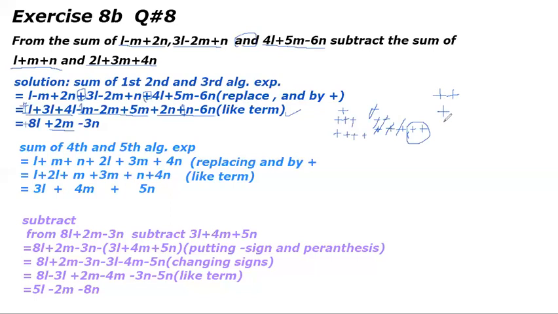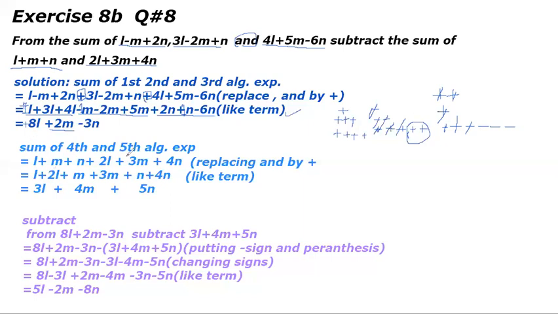And negative 6N means negative sign 6 times. Now I will cancel one positive sign with one negative sign, the second positive with the second negative, and the third positive with the third negative. How many negative signs are left over? 3 negative signs. So negative 3N. This is the sum of algebraic expression numbers first, second, and third.